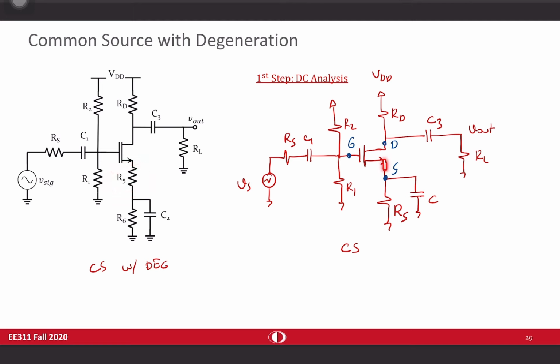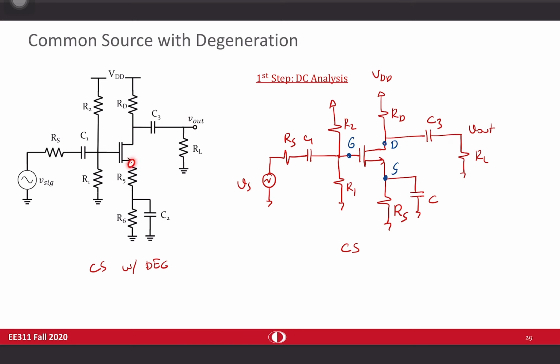When you take a look at the left circuit, the difference is this R5 resistance. They add an extra resistance between source and the capacitance in here. That's why it's called common source with degeneration. Still, input node is gate, the same for common source with degeneration. Output is taken from the drain, exactly the same. Input and output positions are not changed.